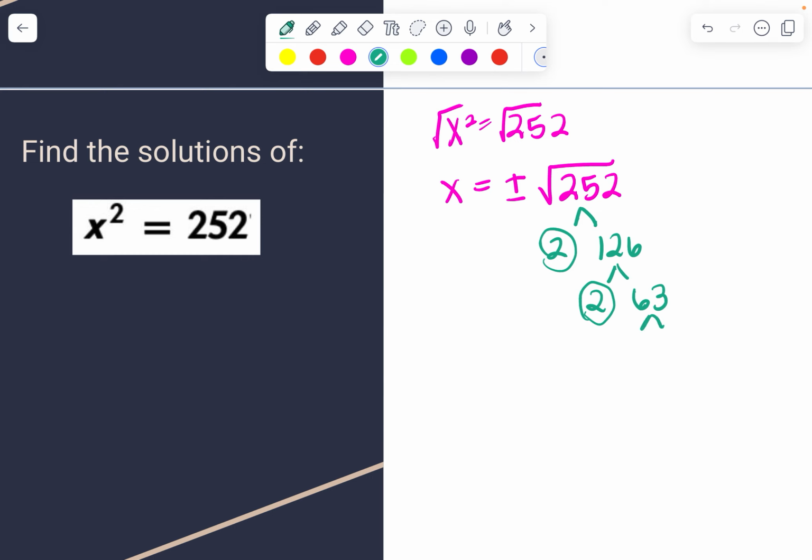If I look at my factors of 63, I know I can do 7 and 9. 7 is prime, and 9 is 3 times 3.